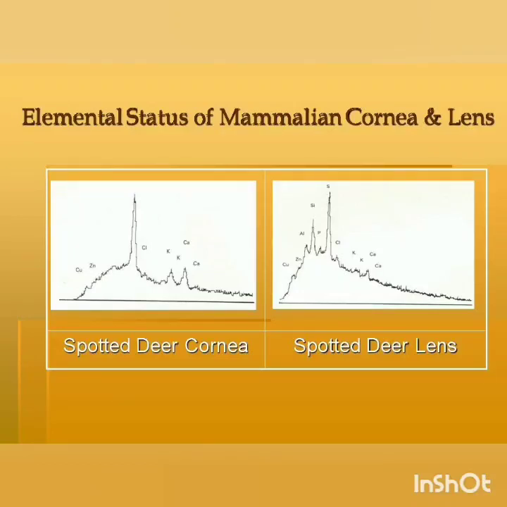Now I will show some of my experiments where energy dispersive X-ray spectroscopy is used for understanding certain important things. We all know that cornea and lens are very important for our vision, not only for us but also for other mammals. So it is surprising that no one knows in detail the total elemental setup of cornea and lens of many animals.